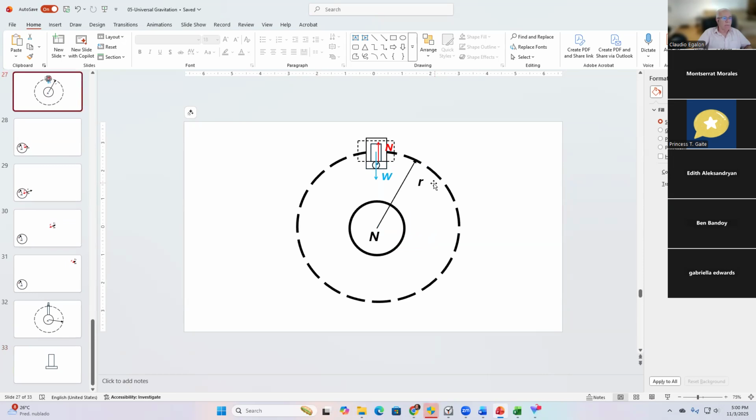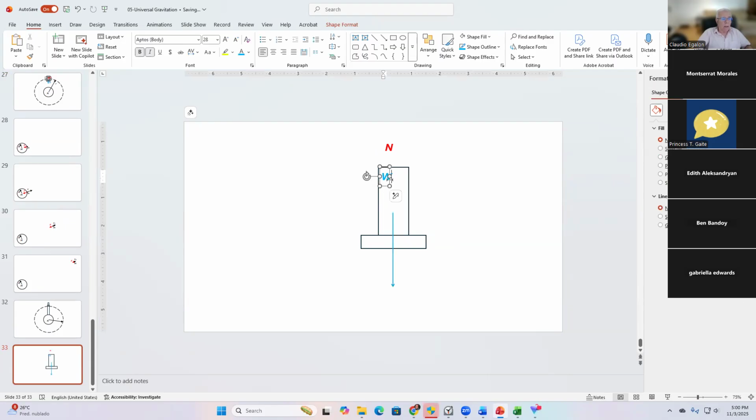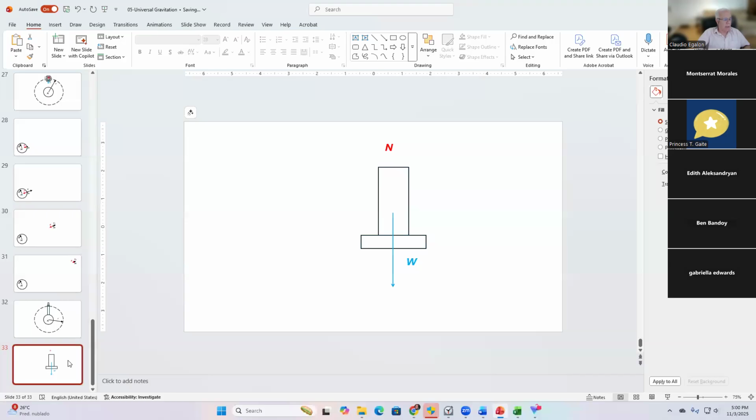And we're going to have the same things here. We're going to have the weight of Brad Pitt. That's my free body diagram. And then we're going to have the normal force, of course, that the scale applies to Brad Pitt.